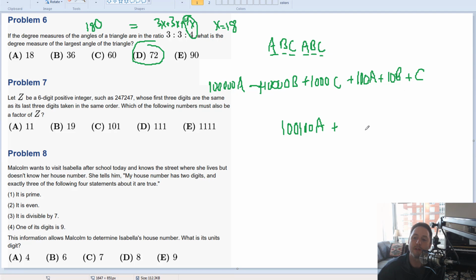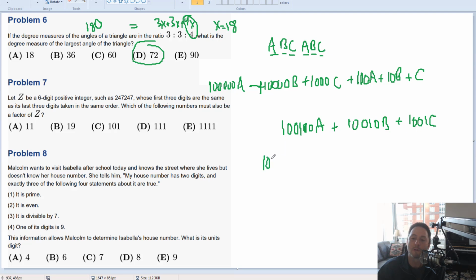We have 10,000 B's plus 10 B's, and then we have 1,001 C's. What is going on here? So it looks like we could factor out 1,001 here, doesn't it?